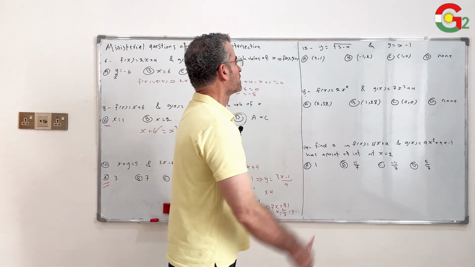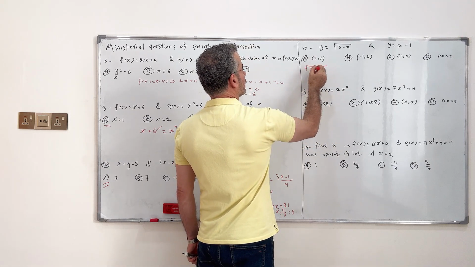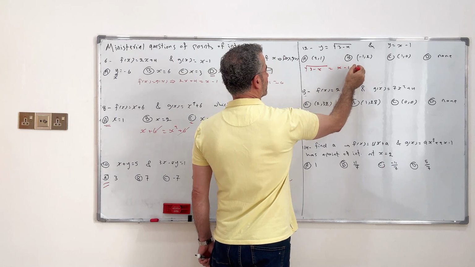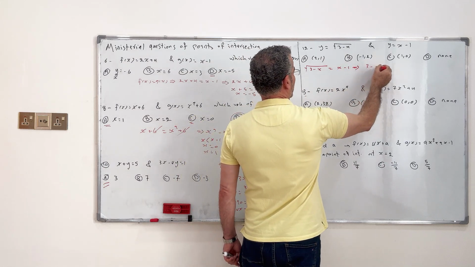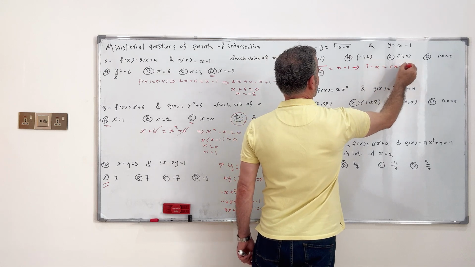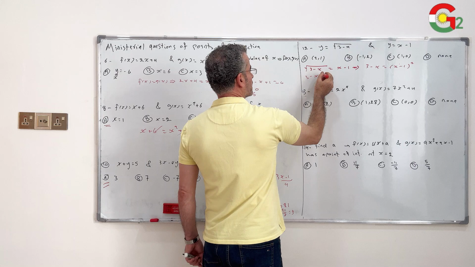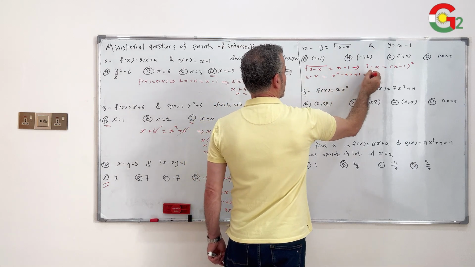Question number 12. Find the point of intersection of these two graphs. Set the first one equal to the second one. Square both sides: 3 minus x equal to (x minus 1) all power 2. Open this bracket: 3 minus x equal to x power 2 minus 2x plus 1.